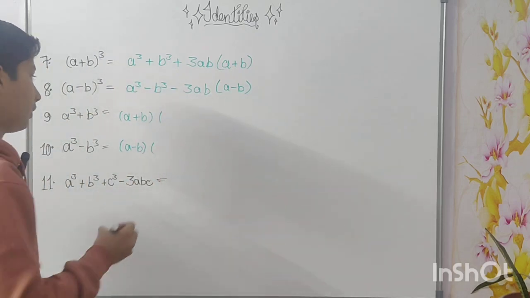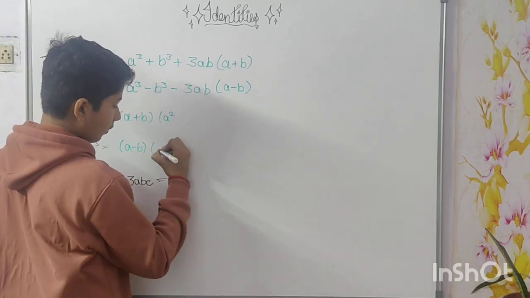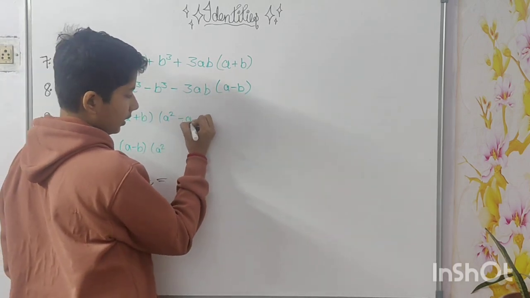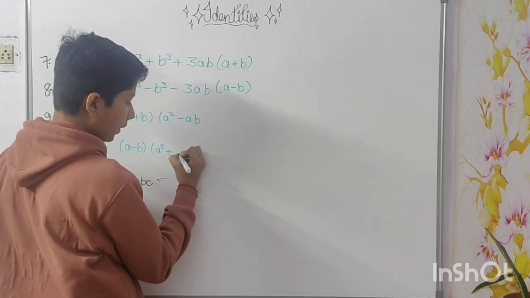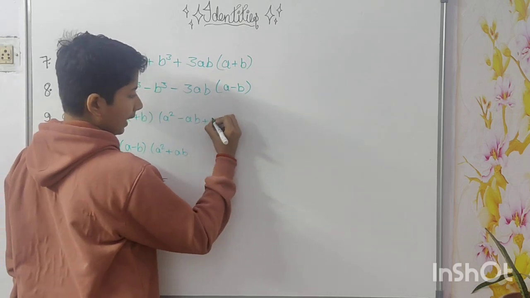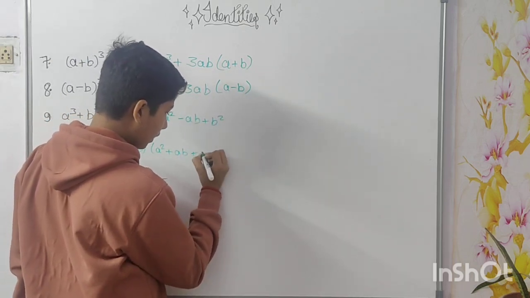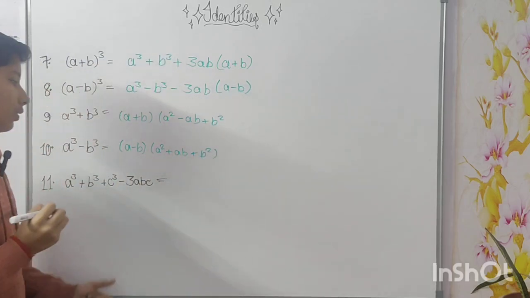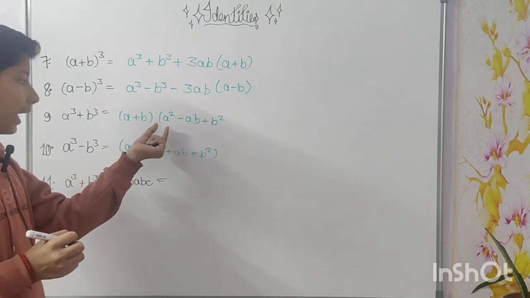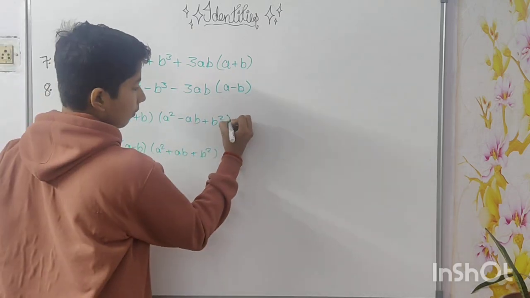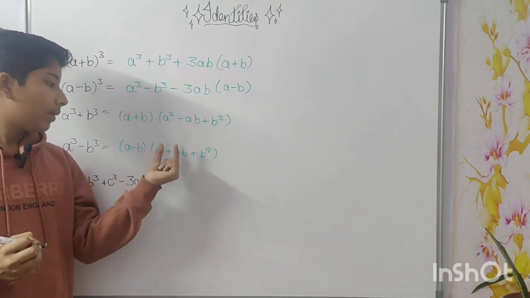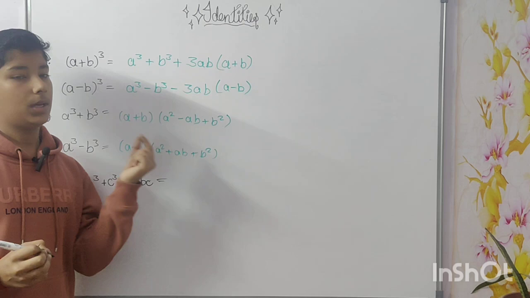Now in the other bracket, a square in both, then minus ab in one and plus ab in the other, and plus b square in both. So I'll repeat the identity. A cube plus b cube is a plus b into a square minus ab plus b square, and a cube minus b cube is a minus b into a square plus ab plus b square.